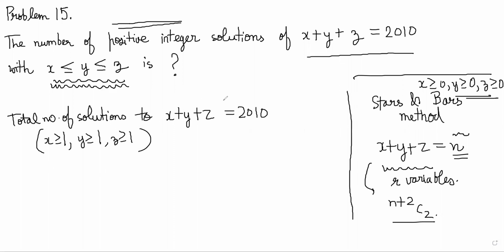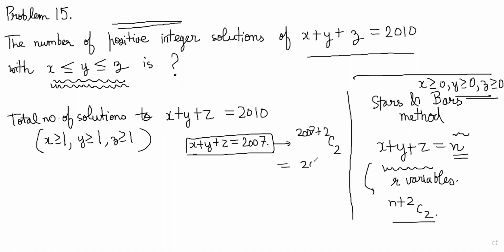You already put 1, 1, 1 in these three variables, and the new equation is x plus y plus z is equal to 2007, and you solve this equation instead, and the number of solutions will be 2007 plus 2 C 2. So that is 2009 C 2 solutions, which you can calculate, and that comes out to be 2009 into 1004.